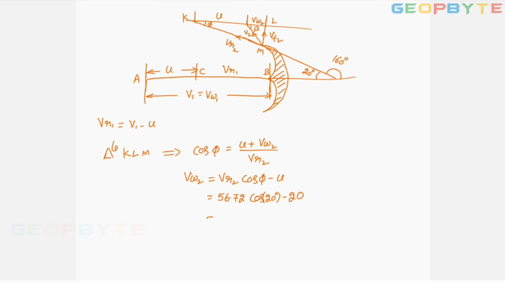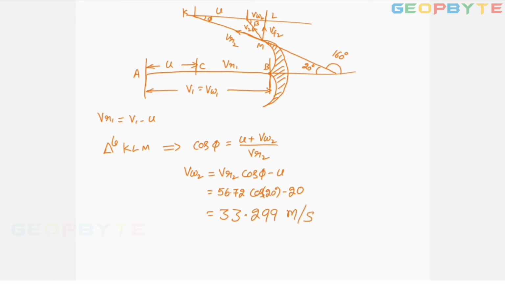Simplify this value. It is 33.299 meters per second. That is the VW2.